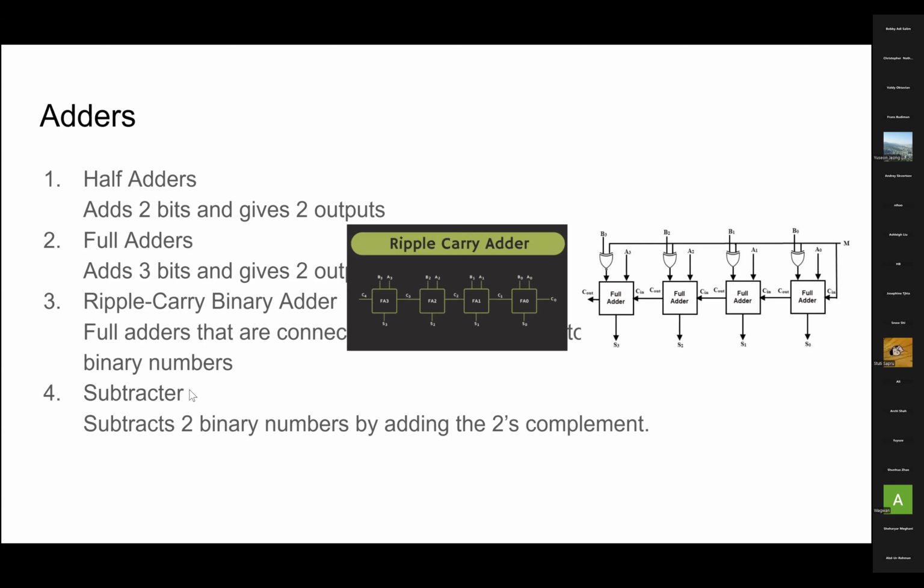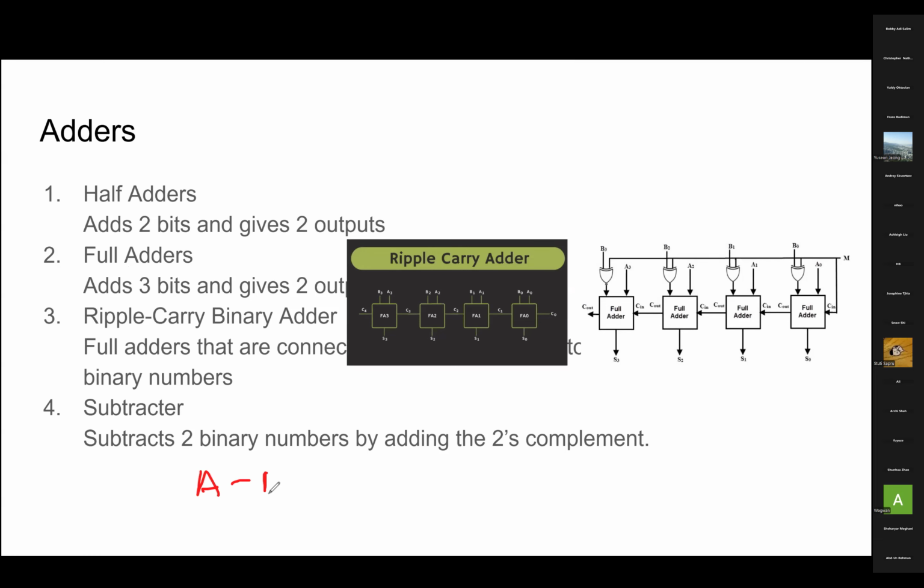And if you want to have a subtractor, it's almost the same thing as a ripple carry adder, but instead you also have an option to do subtraction. And to do subtraction, we do the two's complement. So if we want to do A minus B, then basically, if we're given the inputs of B and A, we make sure that B turns into the two's complement.